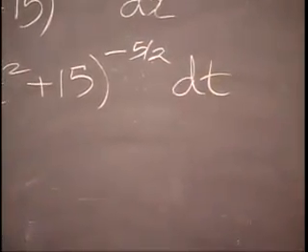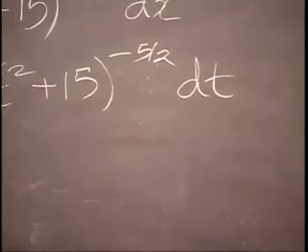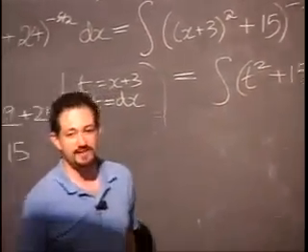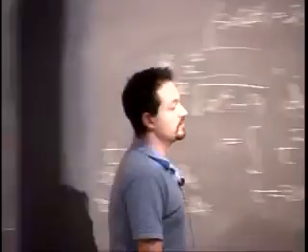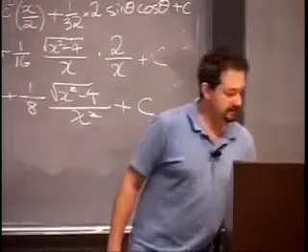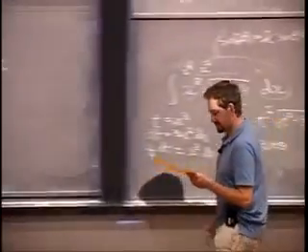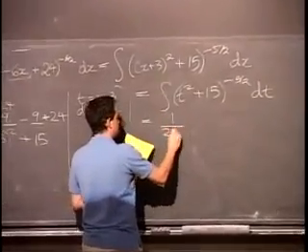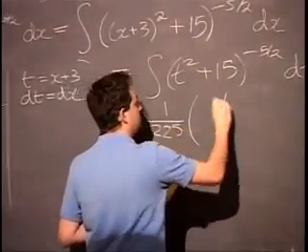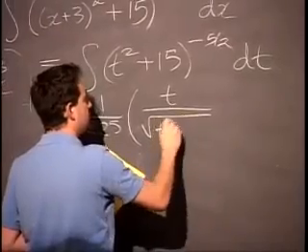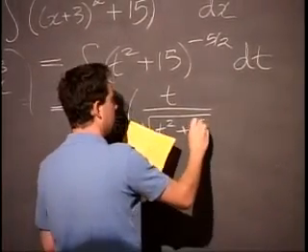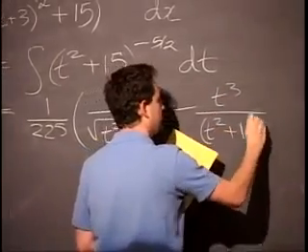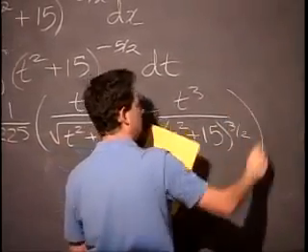So as a result of this preliminary conversion using the completing the square technique, we've reduced it to a type 2 case. In fact, that's the same integral that we did before for the type 2 case, and I can't remember what the answer was, so I'm going to look it up. I believe it worked out to be 1 over 225, changing x to t, of course, t over t squared plus 15 minus t cubed over t squared plus 15 to the 3 halves power plus a constant.